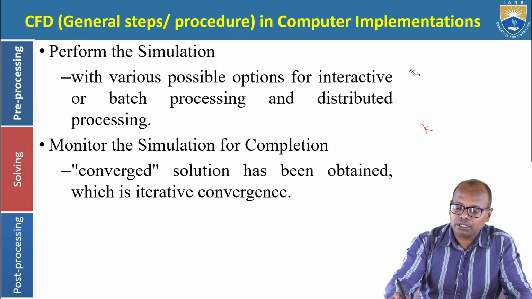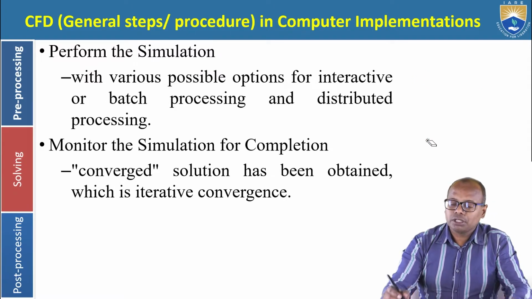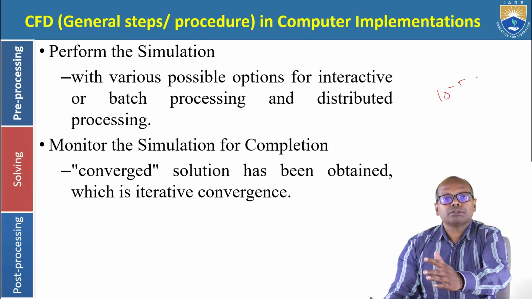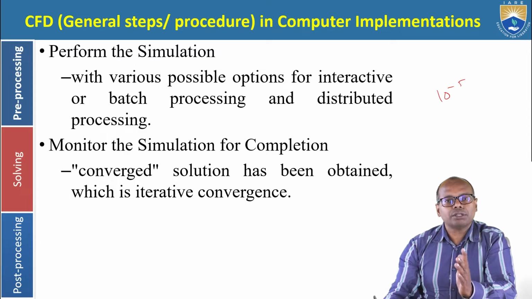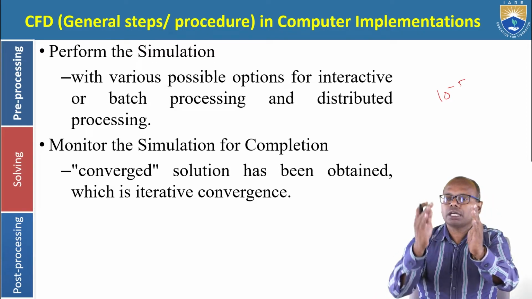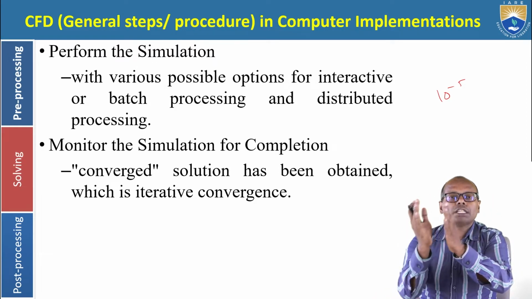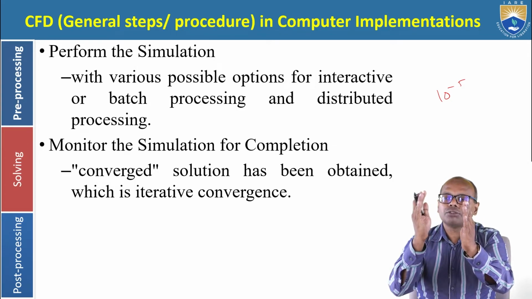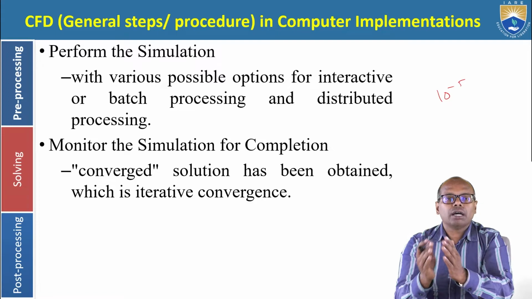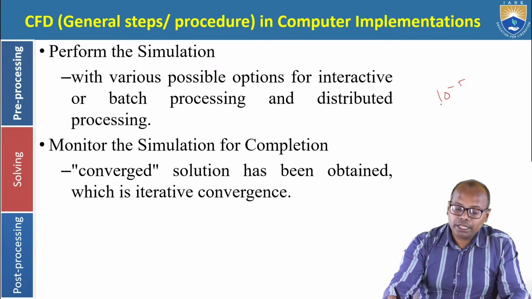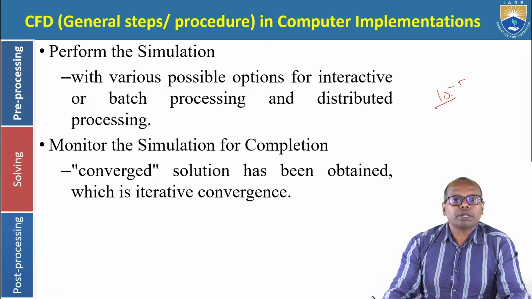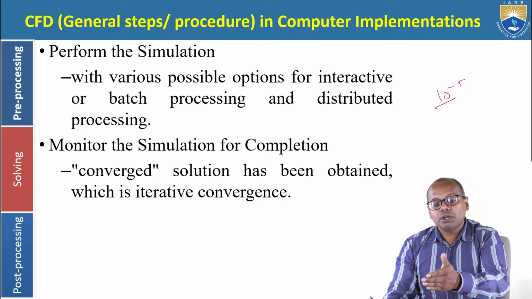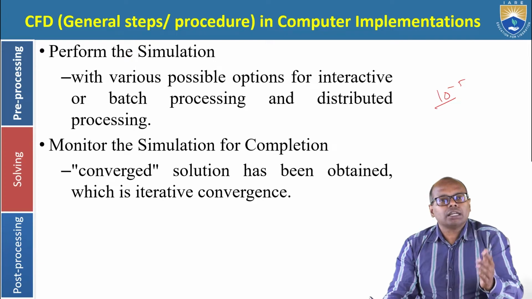Sometimes they will give 10 power minus 5. What does the error mean? I have done one iteration, and I have done another iteration. What is the difference between these two iterations? The values of this iteration and the previous iteration are compared, and if the error between these two is 10 power minus 5, then the solution is converged. So this convergence criteria we have to give.